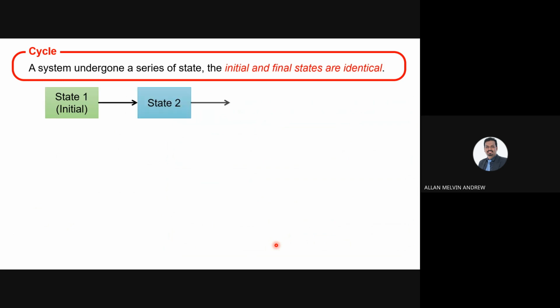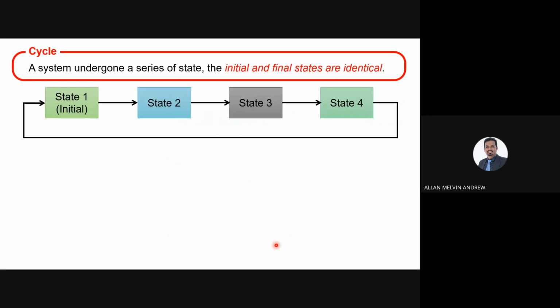Okay, then we always encounter the cycle. A cycle is a system undergoing a series of states where the initial and final states are identical. Earlier I said a process will start from state one, move to state two, state three, state four, and maybe end at state four. That is not a cycle.